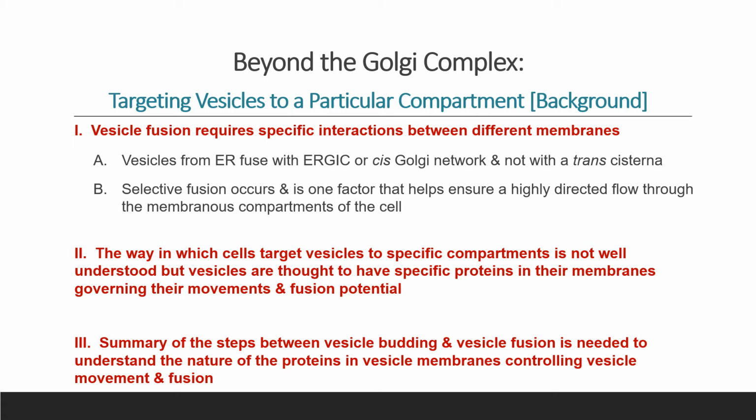Okay, so the way in which cells target vesicles to a specific compartment is not well understood, but vesicles are thought to have specific proteins in their membranes governing their movements and fusion potential. So the summary of the steps between vesicle budding and vesicle fusion is needed to understand the nature of the proteins in the vesicle membranes controlling vesicle movement and fusion.